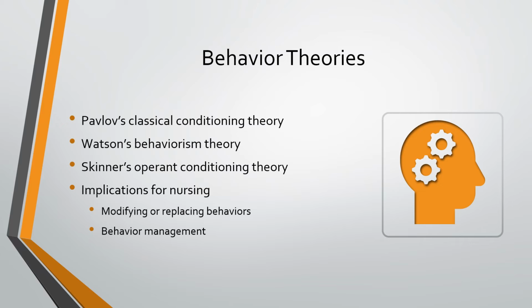Skinner is the next one that I think is really important to know. He has the operant conditioning theory. This is a method of learning that occurs through rewards and punishments for voluntary behavior. Behavioral responses are elicited through positive and negative reinforcements, which cause a behavior to occur either more or less frequently.